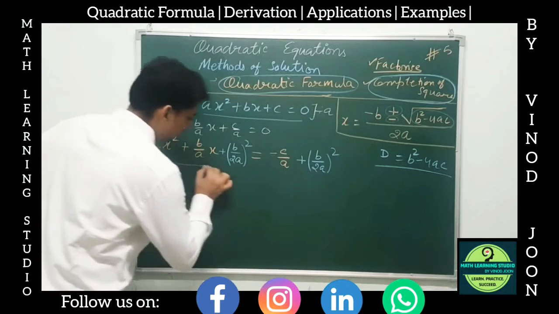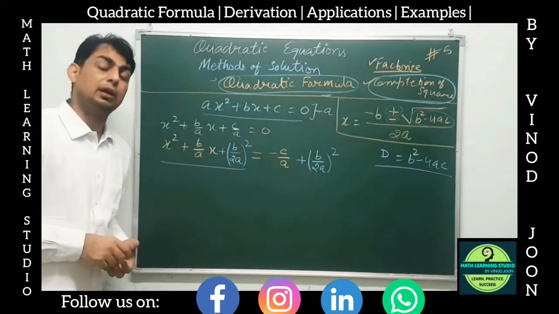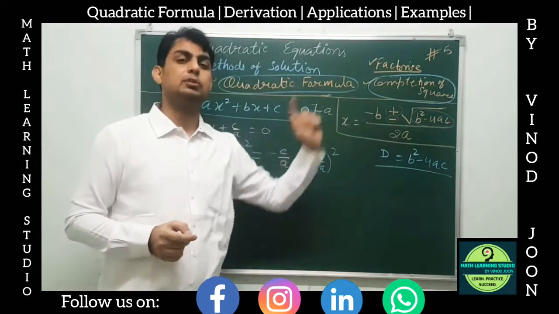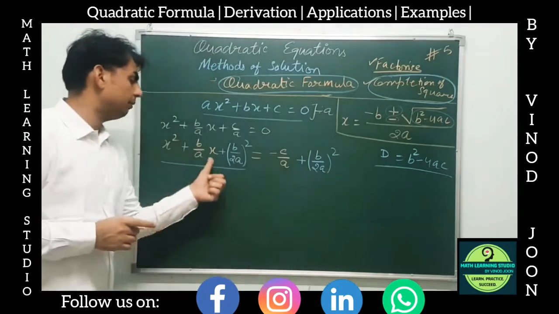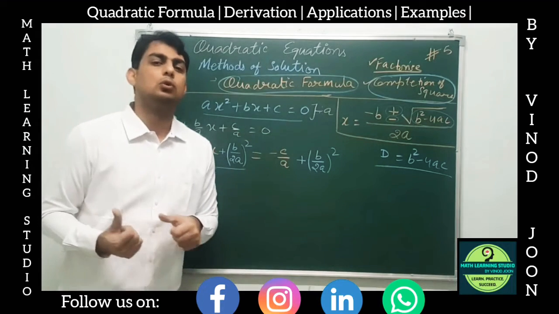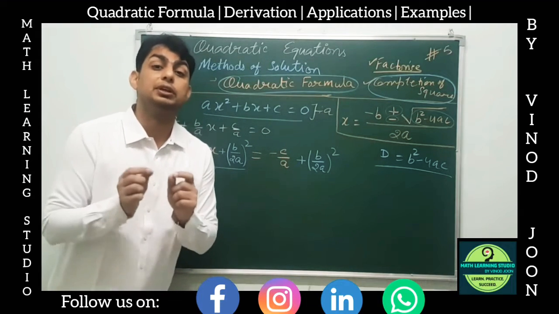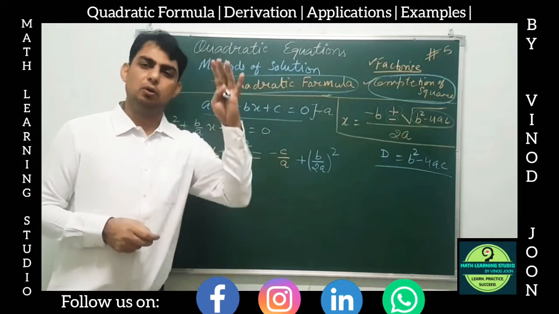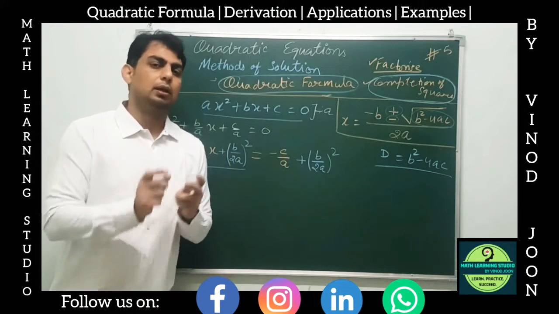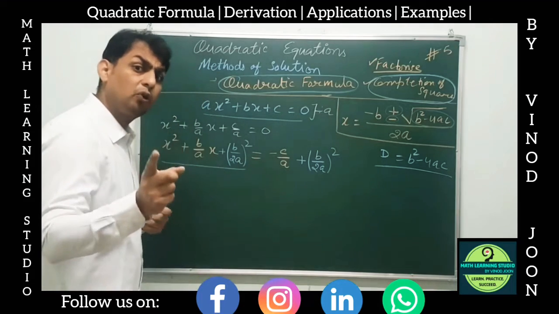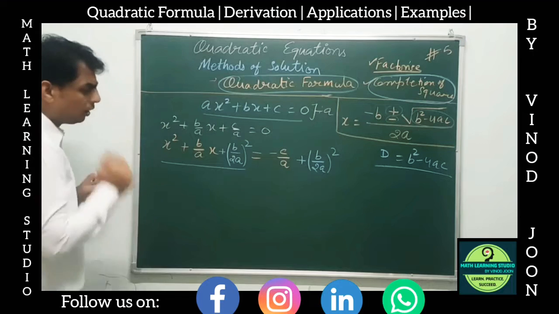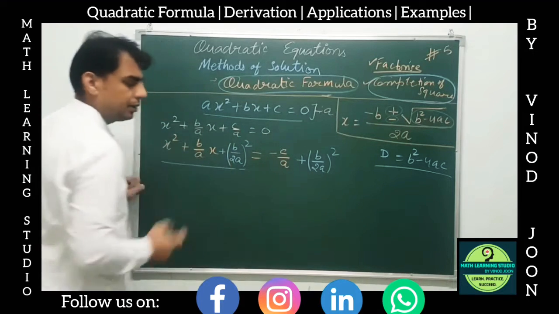We know that this side always becomes a perfect square. We have learned this in completion of square. If you have any doubt about how I did it, then please go to the previous video on the completion of square method for solving the quadratic equation. I have explained all the 4-5 steps there with proper examples. Now I am following the same steps in this general equation. So this shifted and I added this to both sides.